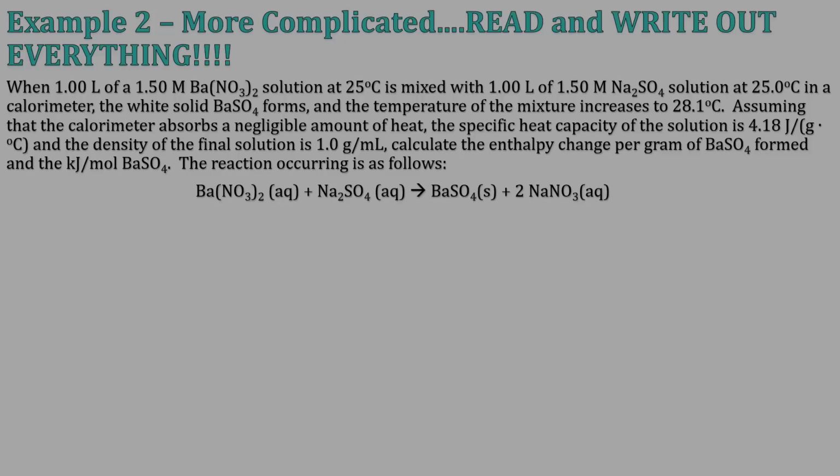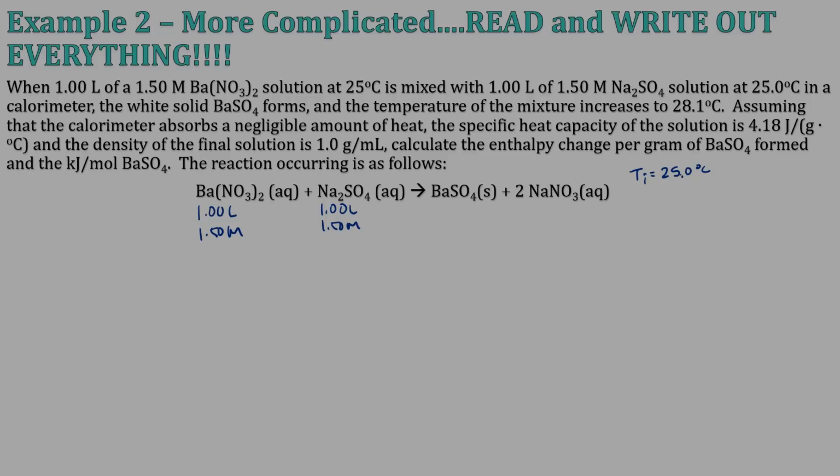All right, this one's a little more complicated, so we're going to read and write out everything. We have 1 liter of a 1.50 molar barium nitrate solution, and we also have a 1 liter 1.50 molar sodium sulfate solution. Both of them are at 25 degrees, so the initial temperature is 25 degrees Celsius.